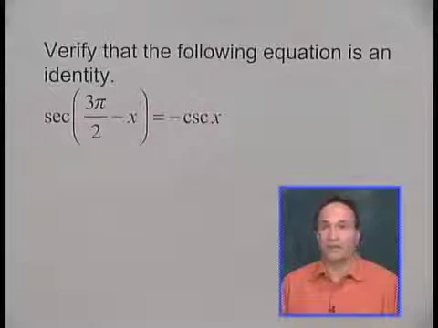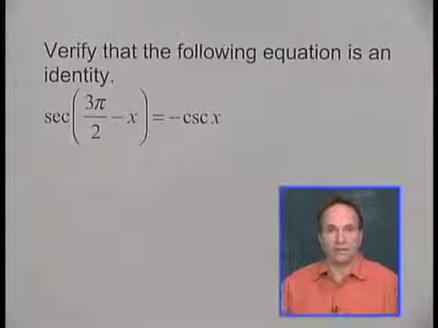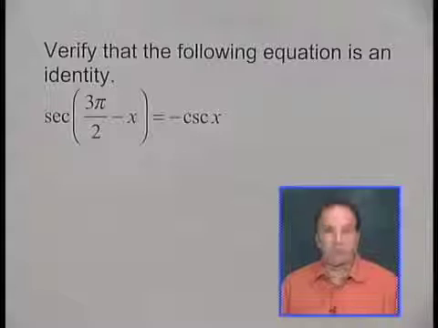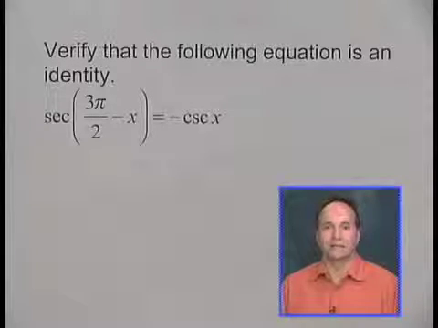Verify that the following equation is an identity. The secant of the quantity 3 pi divided by 2 minus x is equal to negative the cosecant of x. To do this, we're going to work with the left-hand side. So I've only written the left-hand side of this on the sheet of paper, and we'll work with it until we can get it to equal negative cosecant of x.